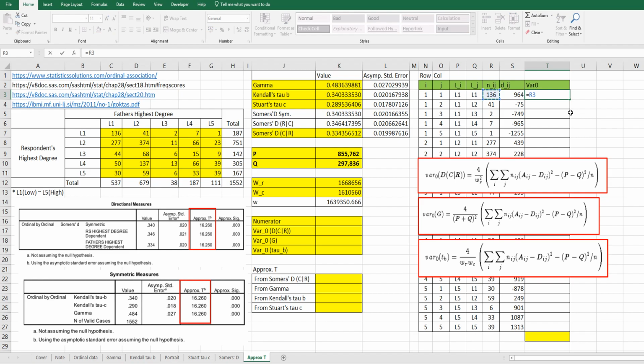So Nij times Dij, squared. And let's add up all values.